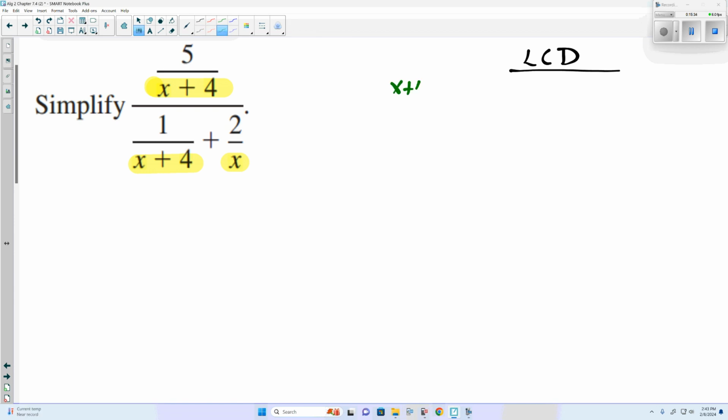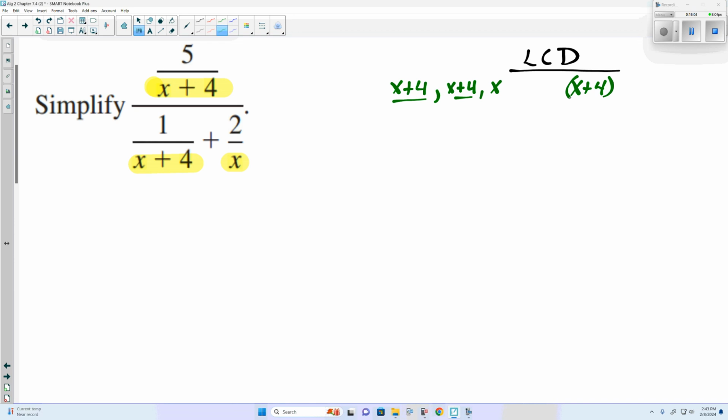So x plus 4, x plus 4, and x. What's our first expression that's going to make x plus 4 and x plus 4 be the same? What's the first expression I can make both x plus 4 and x plus 4 be equal? X plus 4. Yeah. I mean, it's already the same, yes?